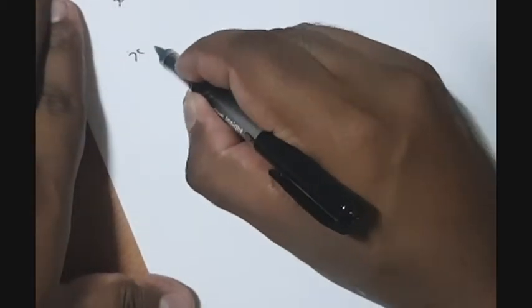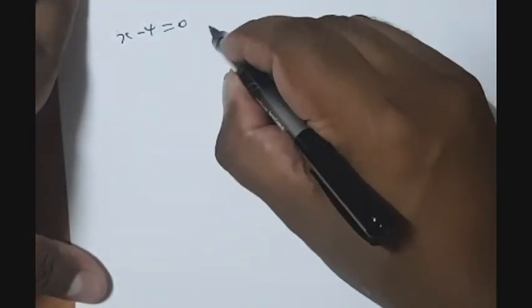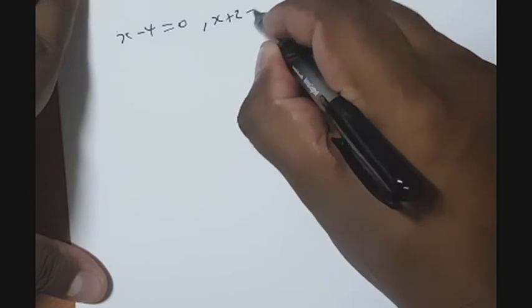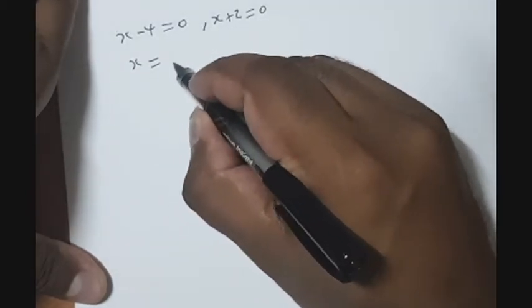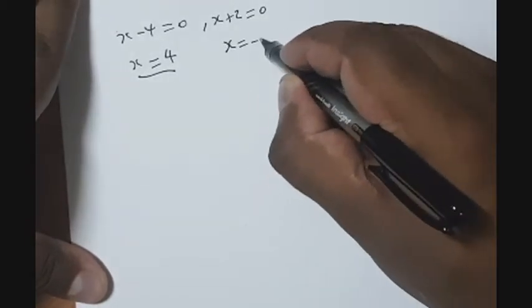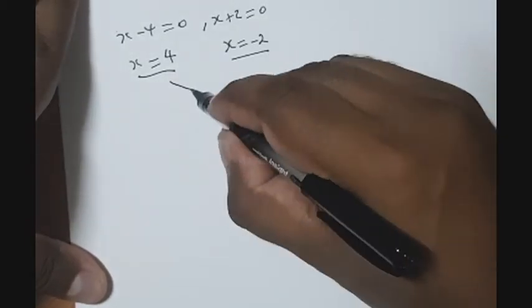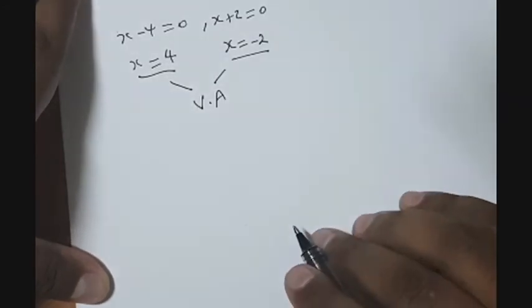So if you set them equal to 0, x − 4 = 0 and x + 2 = 0, solving this gives x = 4 and x = −2. These two are our vertical asymptotes.